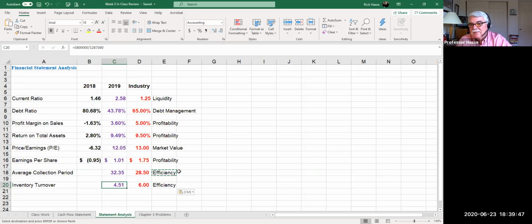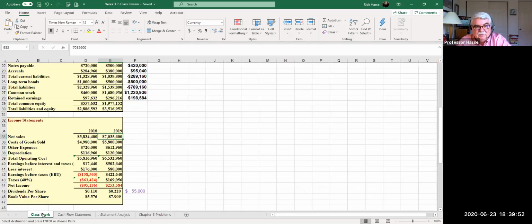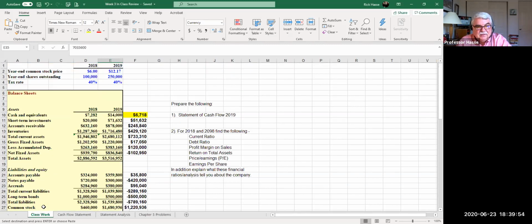How much inventory I purchased during the year. So if I go to my financial statements, I see that my inventory balance at the beginning of the year was $1,287,360.